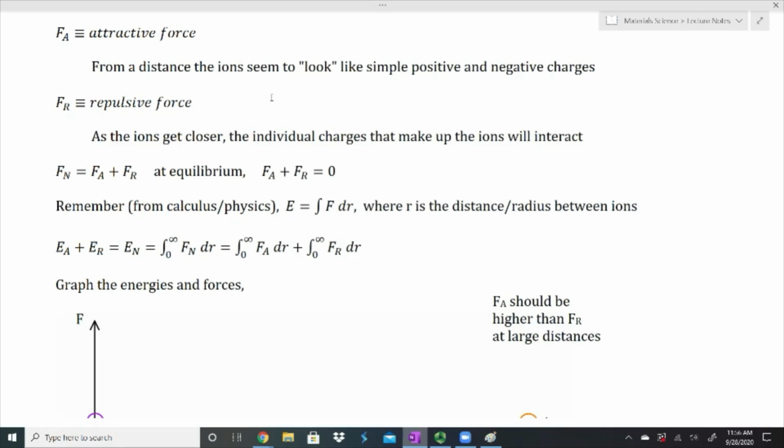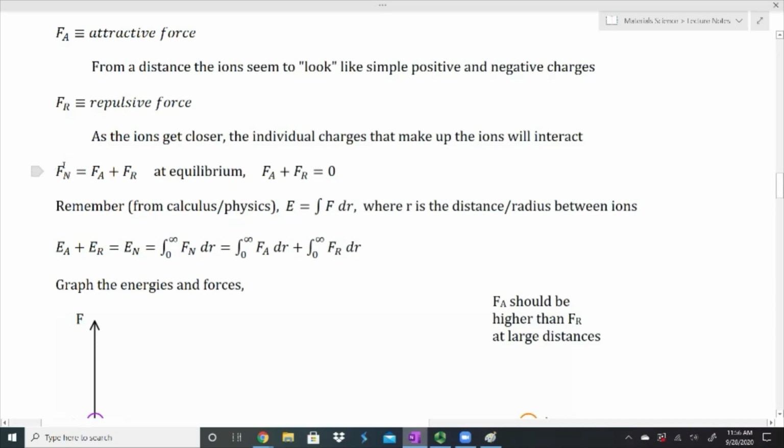It just so happens that it has more positives than negatives, but there are definitely some negatives there. Same thing with our chlorine. It looks negatively charged, but as we bring it closer, it has some positive charges as well. And so things aren't going to be as simple as simple positive, simple negative. So what we want to do is try to find our equilibrium.